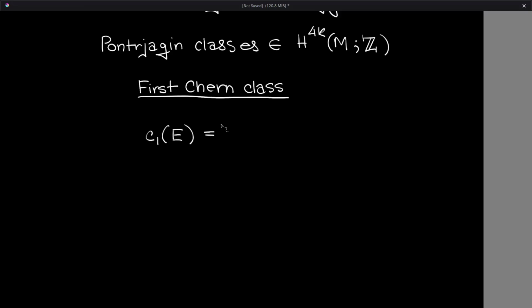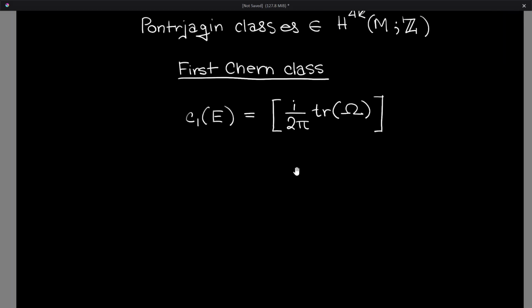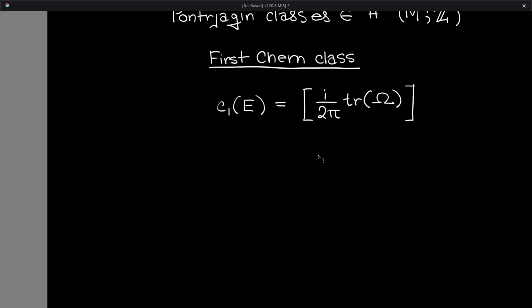The first term in the determinant will turn out to be the trace. So you get that this is equal to the cohomology class that contains the particular form i over 2 pi trace of omega. So that's the first Chern class. It's more important for us than all the other classes. That's why I highlight it.